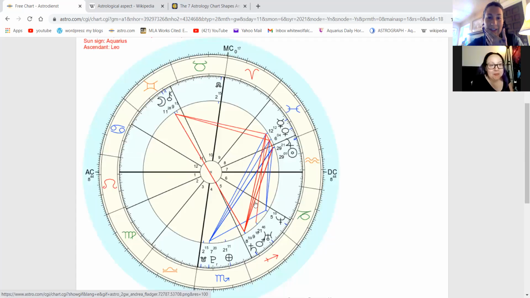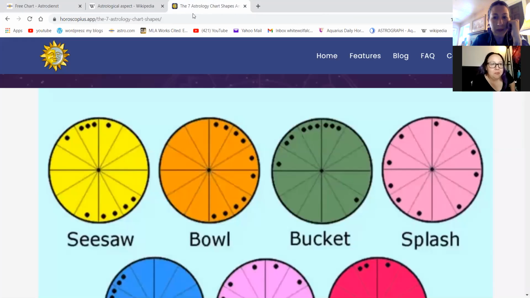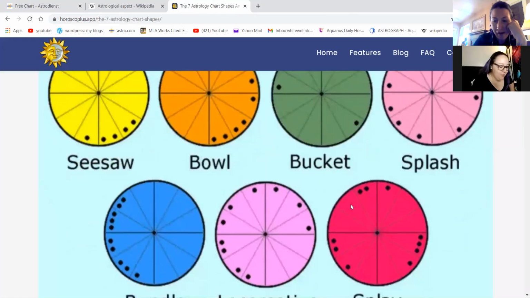Because it is kind of like this on this part of the chart. And also my lone moon over here. Yeah, it does kind of look like a bucket, because you got the one loner thing, the moon over there by himself.